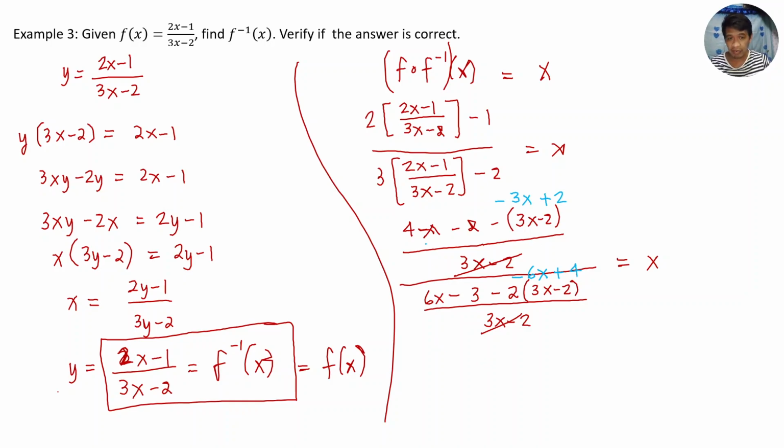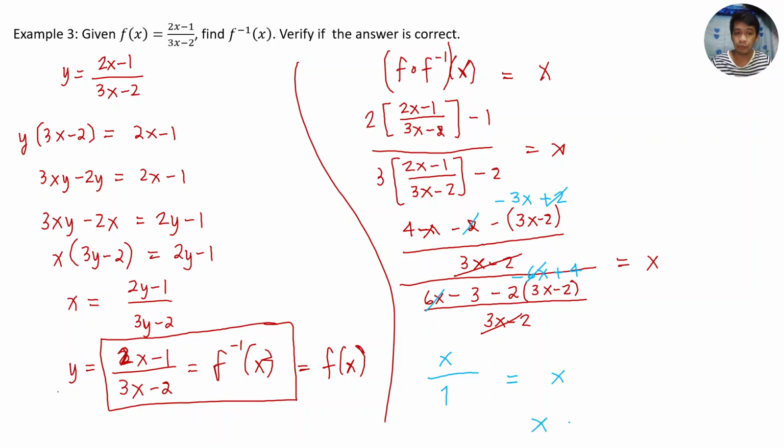If we simplify, 4x minus 3x is x. Negative 2 plus 2 is 0 because it cancels out. All over, 6x minus 6x cancels out. Negative 3 plus 4 is 1, which is equal to x.